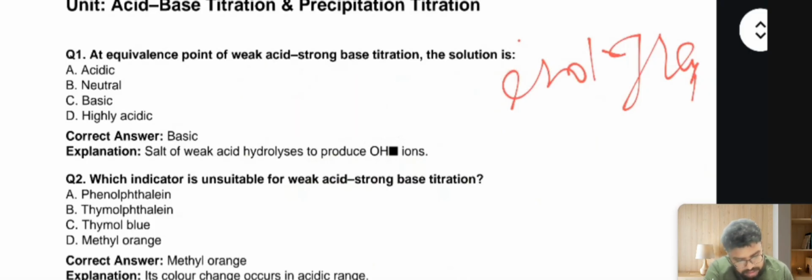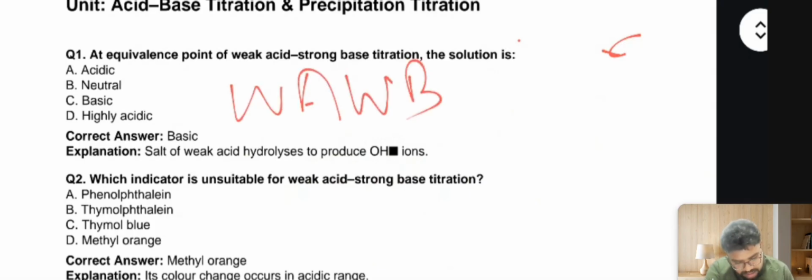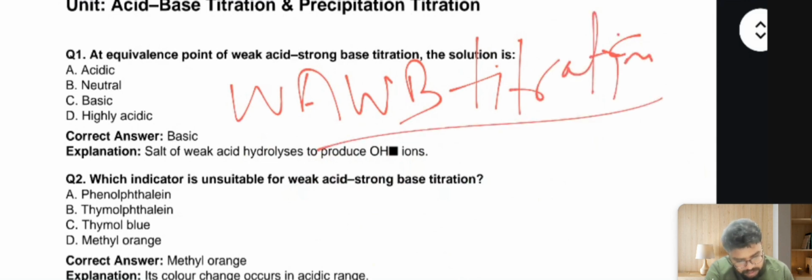Let's see the last one, which is used for weak acid and weak base titration. We mainly use a mixed indicator.